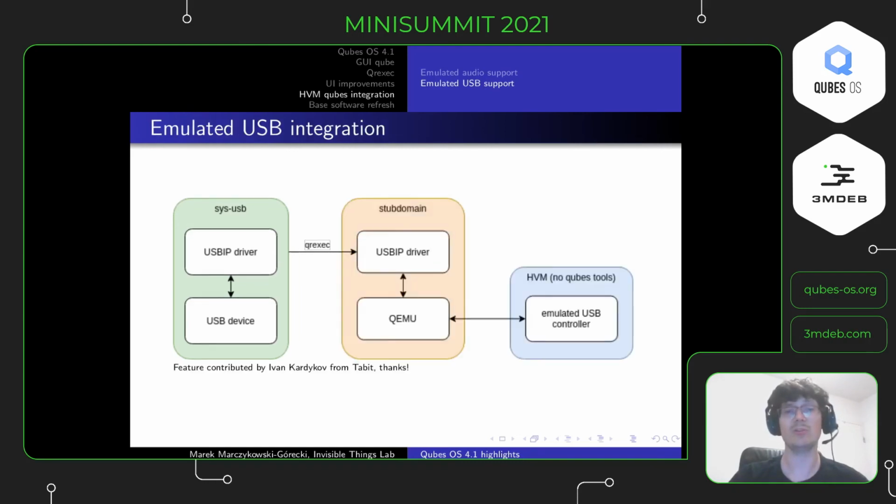So we are using a similar hybrid solution, where USB/IP is terminated in a stub domain and then connected to QEMU, which emulates a USB controller to the HVM. This works for simple devices.